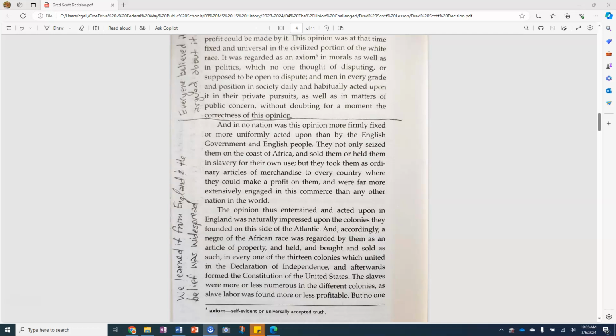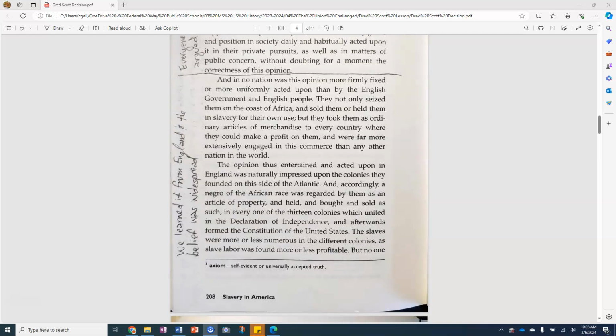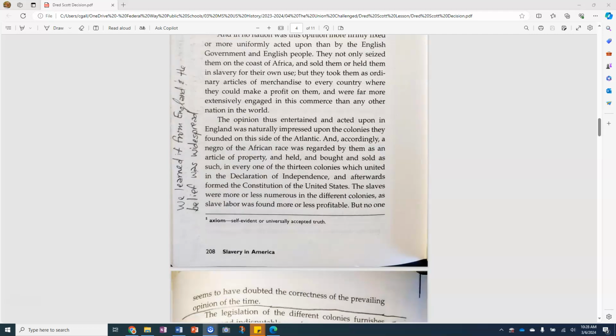Nobody even thought to argue about. And that's really what the last part of that says, right? That this wasn't under debate at the time. Which you and I both know, because we've learned a little bit about the Constitutional Convention, was absolutely debated at the time.